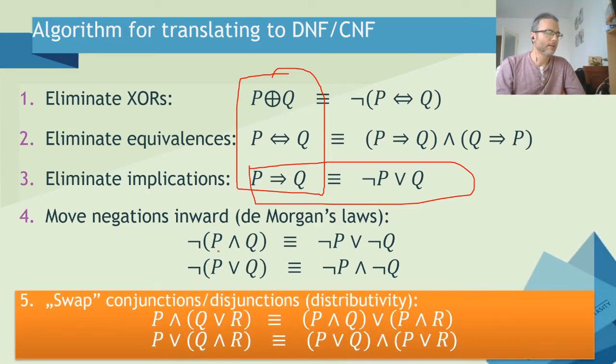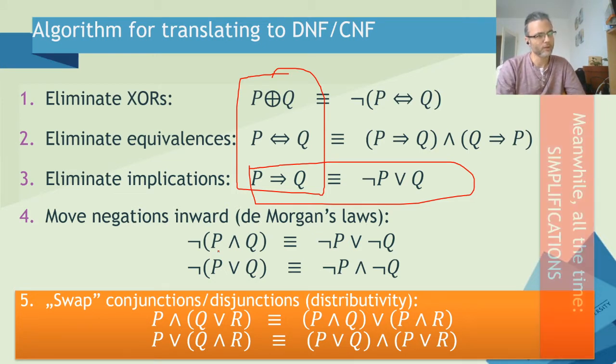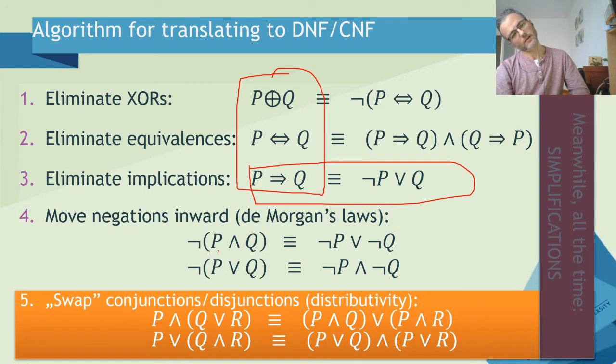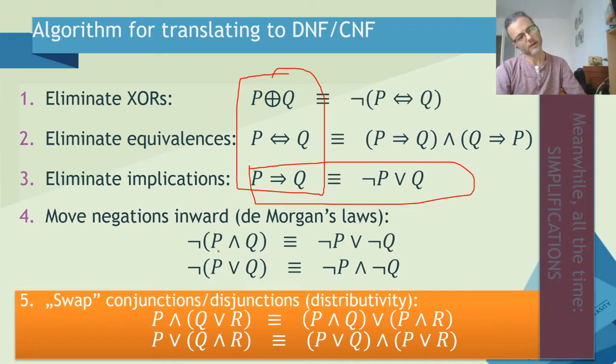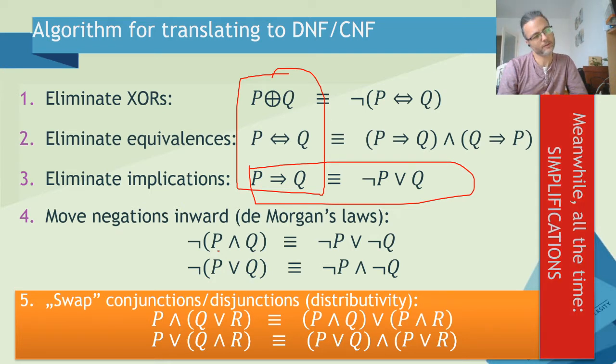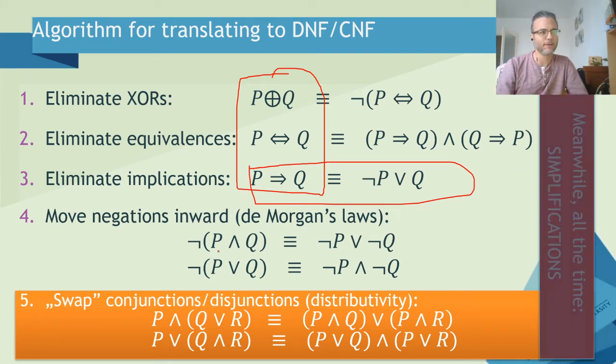And there is an extra step which you might or might not need. It depends on the situation, and this is based on distributivity. Furthermore, whichever step you apply, you always have to notice if some simplification can be done, because if you can simplify anything out, this pays off immediately.